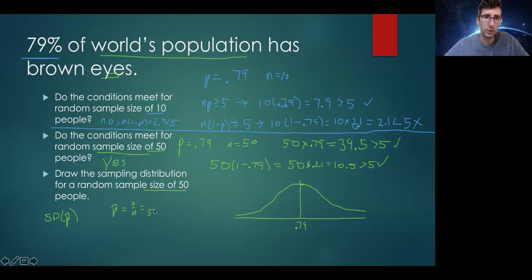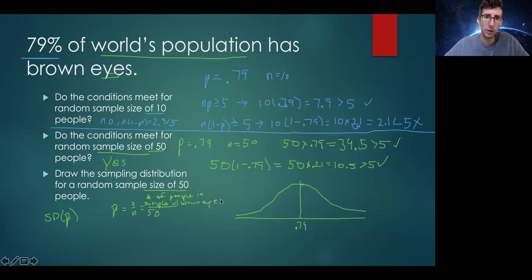Our sample size is 50, and our x would be the number of people in our sample with brown eyes.